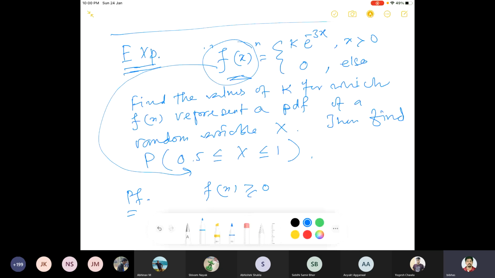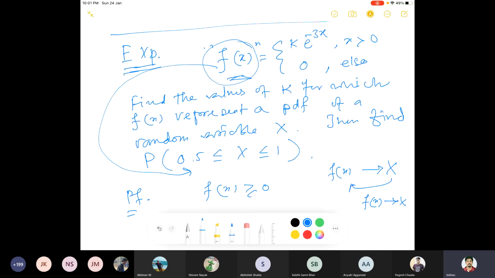For the case of a discrete random variable, we started with x and defined the PMF, probability of X equal to x, and then we also asked a reverse question. But here we are only focusing on the reverse question, whether fx can explain some random variable or not. If it satisfies those properties, then it will definitely explain some random variable. Then we calculate the probability of events corresponding to that random variable.